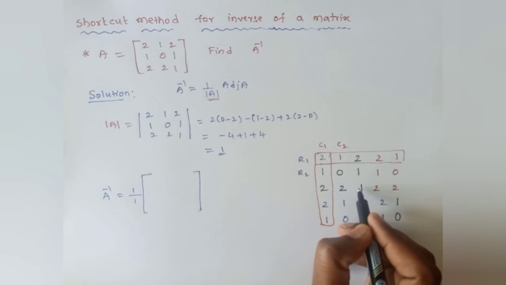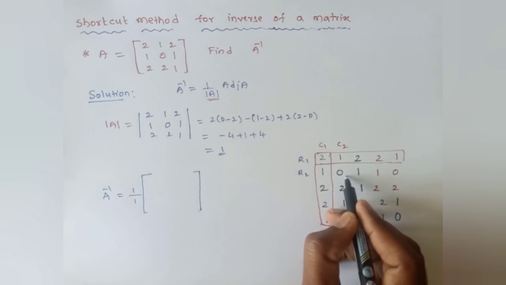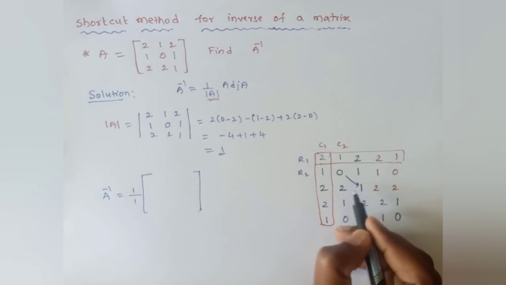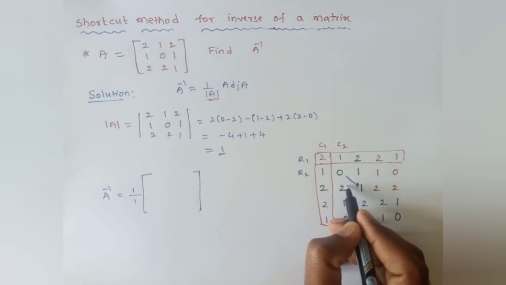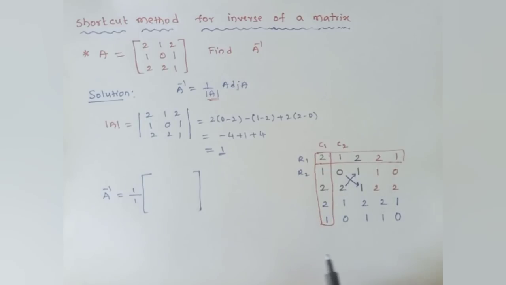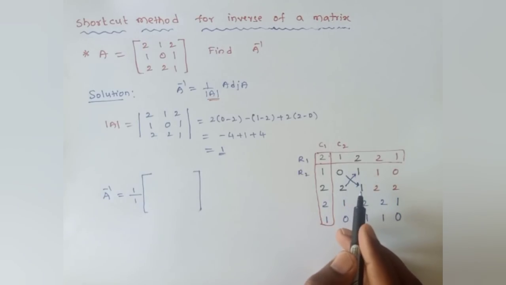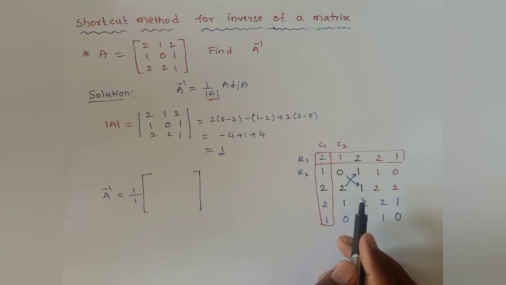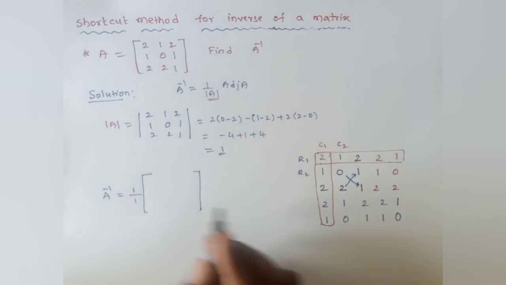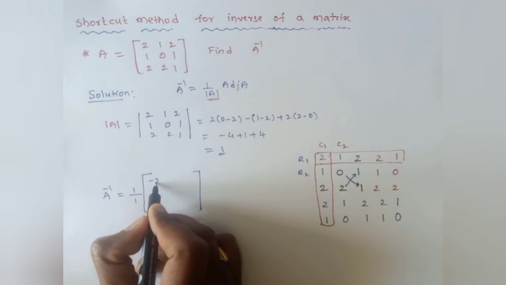This is a 2 by 2 determinant. By cross multiplying like this, 0 into 1 minus 2 into 1 is, 0 minus 2, that is minus 2. So here you can write minus 2.